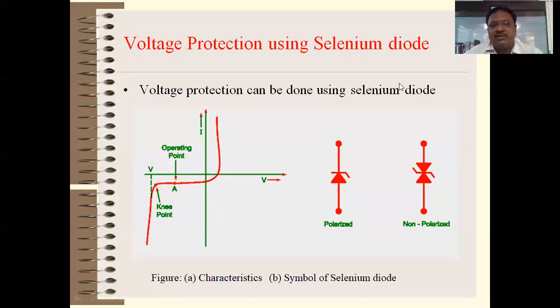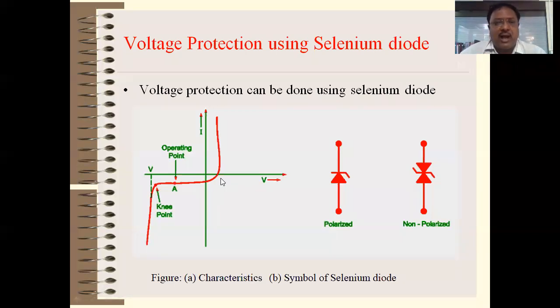This is another device. Again, it has two types, polarized and non-polarized. This device is asked two to three times in examination, so keep in mind, this device is very similar to the Zener diode or your simple PN junction diode.